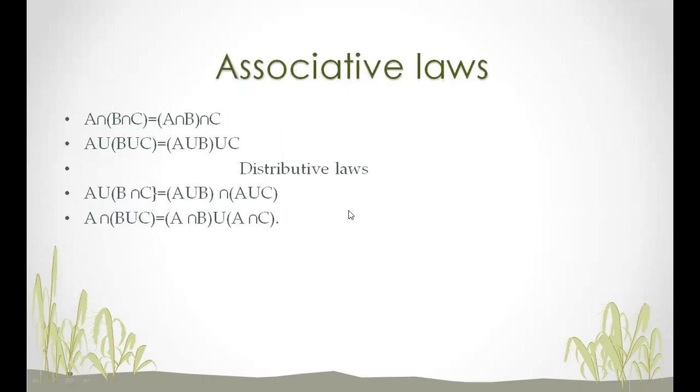Now we see associative laws. Associative laws consist of three elements. In your basic primary level, we have the example of numbers 2 plus 3 plus 5.